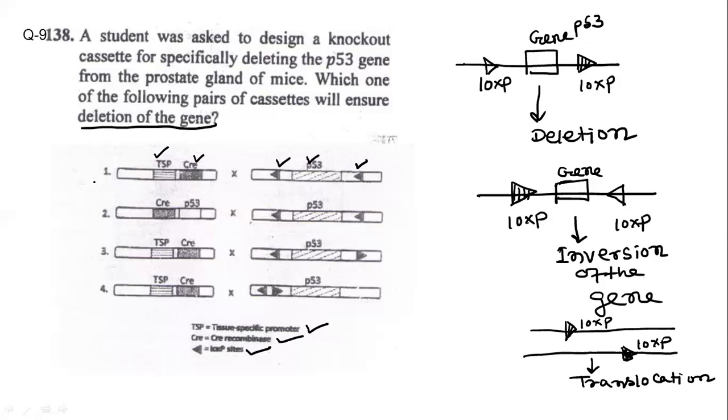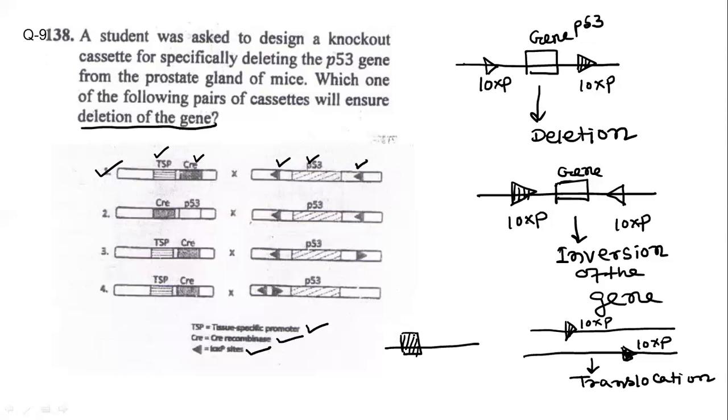This is the perfect construct, because the tissue specific promoter is able to drive synthesis of the Cre gene. Cre is a recombinase, an enzyme, a protein, and it must be synthesized from the Cre gene.